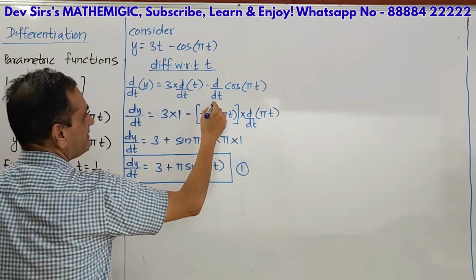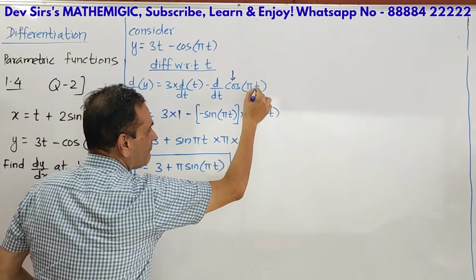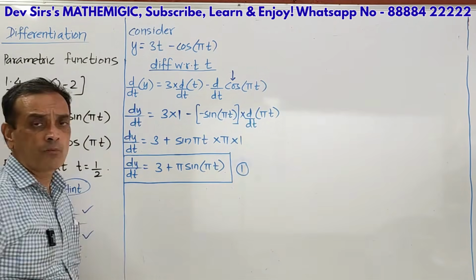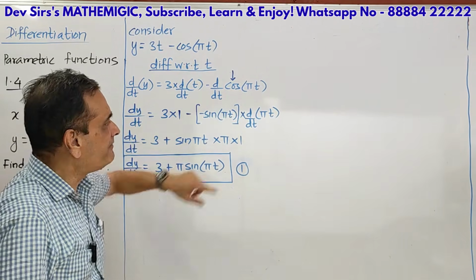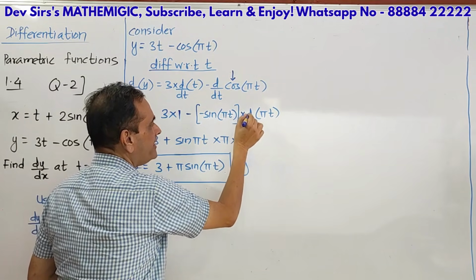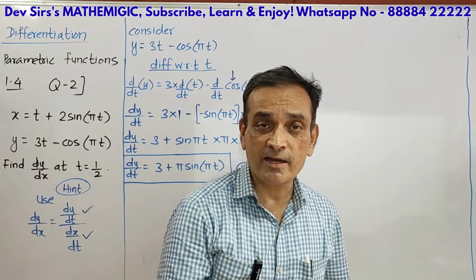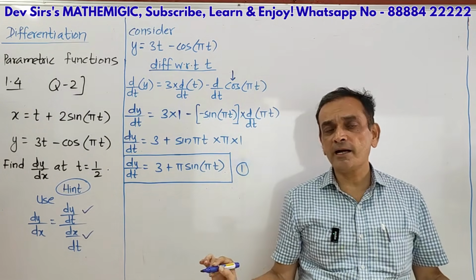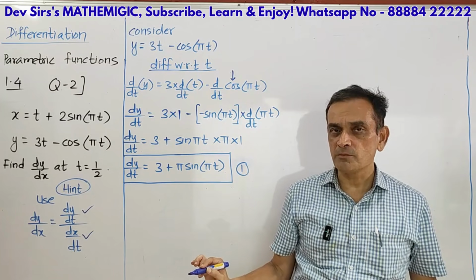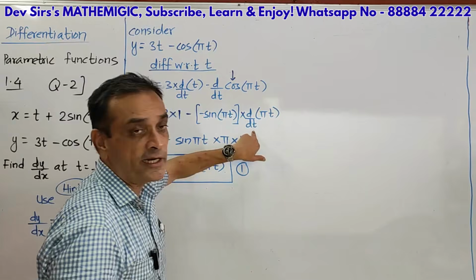After finding the derivative of cos, find the derivative of whatever is inside also. So after finding the derivative of cos as minus sine pi t into d by dt of pi t. Again d by dt everywhere. We are not considering d by dx at all in such problems. D by dt, derivative of pi t with respect to t.